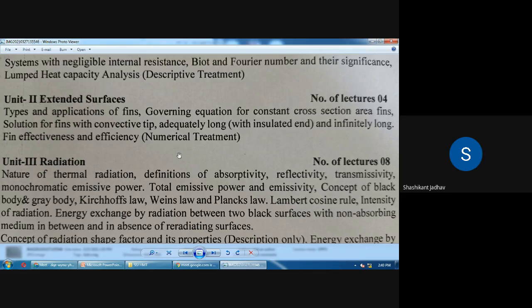Which value do you have to improve so that the heat transfer rate will increase? Temperature difference we have to keep constant for the design consideration. So what is the way to improve the rate of heat transfer?